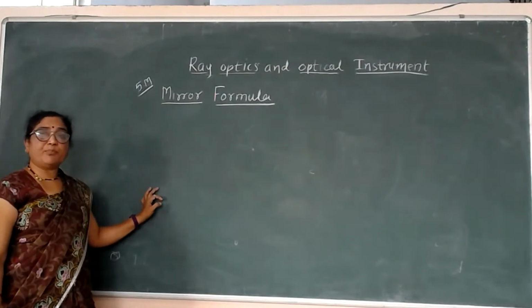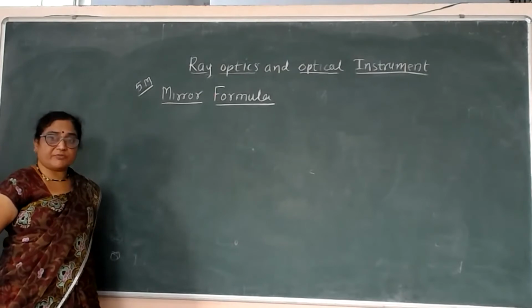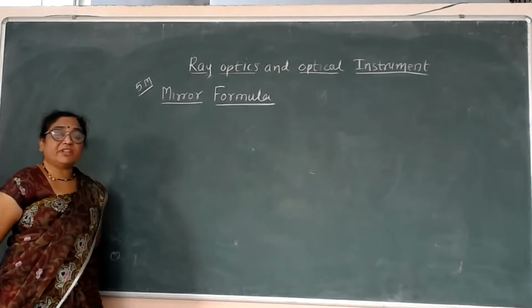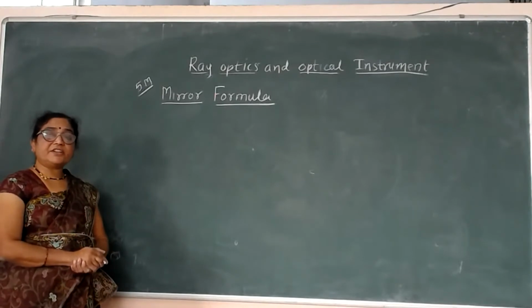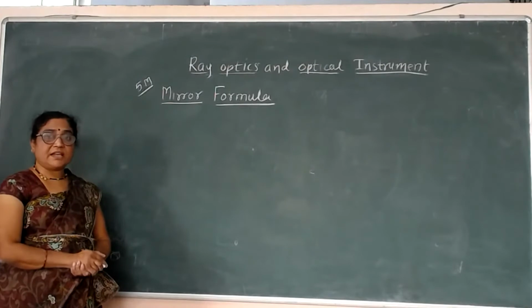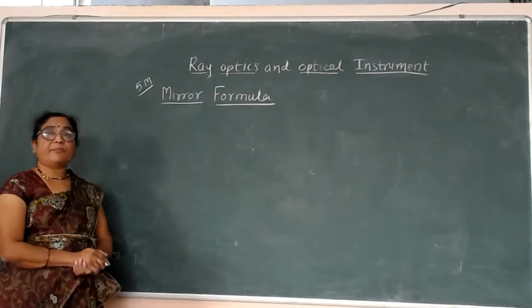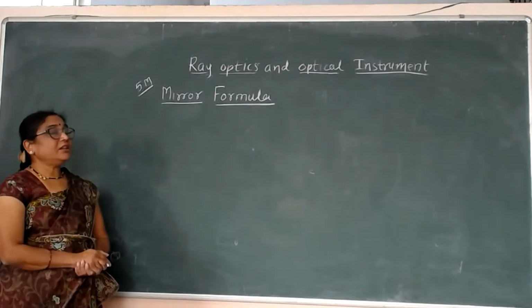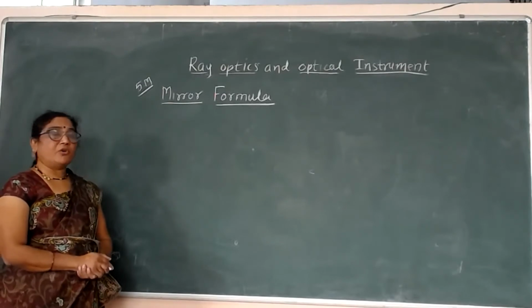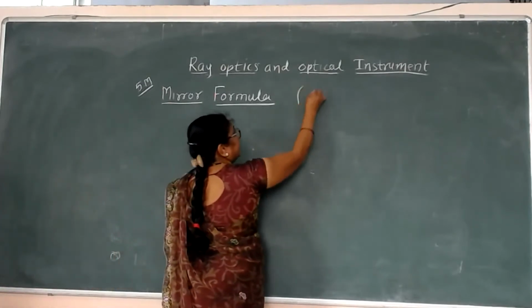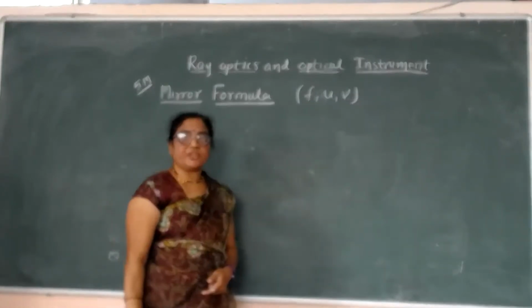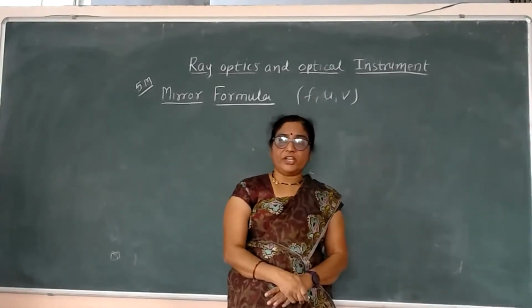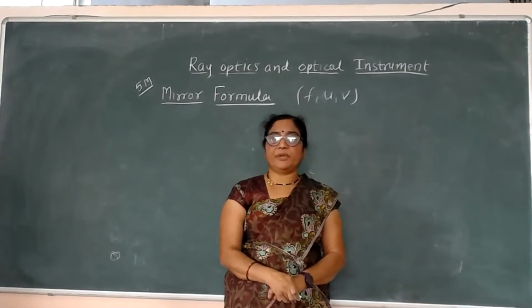The distance between the pole and the principal focus is known as the focal length. The distance between the object and the pole is known as the object distance, and the distance between the image and the pole is known as the image distance. All three are denoted by F, U, V. In the mirror formula, we study the relation between F, U and V. We derive the relation between F, U, V, and that is known as the mirror formula.